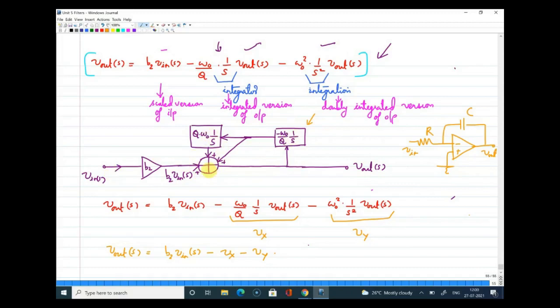So from the signal flow diagram itself, you can say that you may need three op amps. Why three op amps? One for the first integrator, the second for the second integrator, and the third to implement the summer. This is what we should understand from this.